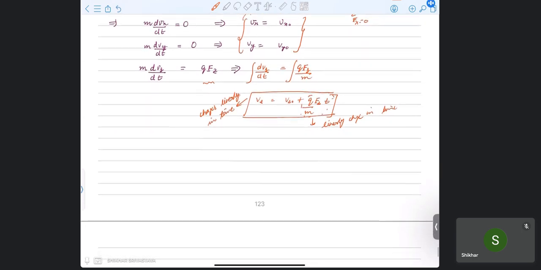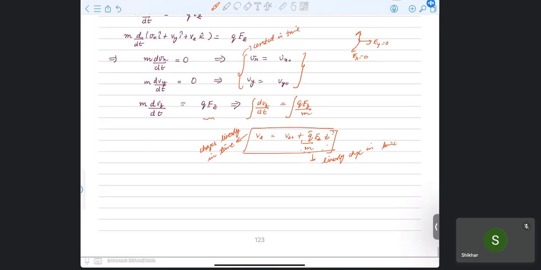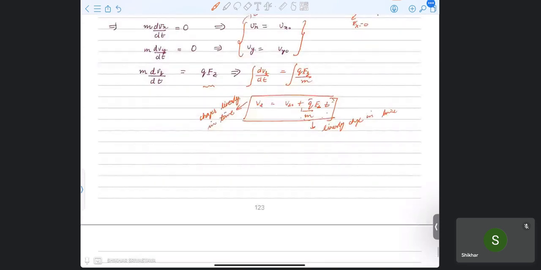So if your charged particle is positive, suppose you have some plasma, it will move only in the z direction, the initial velocity will be the same, and it will face some acceleration in the z direction. Electrons, owing to the charge q being negative, will move in the negative direction, so some charge separation will be created.